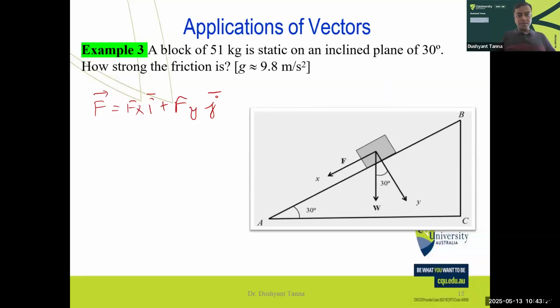Now, Fxi, Fyj. Since it's vertically placed, it's similar to that weight object situation where it was going on the y-axis and had only one component. This is moving on the x direction only. It's sliding, it's not going anywhere. Therefore, there is no influence of the y component.